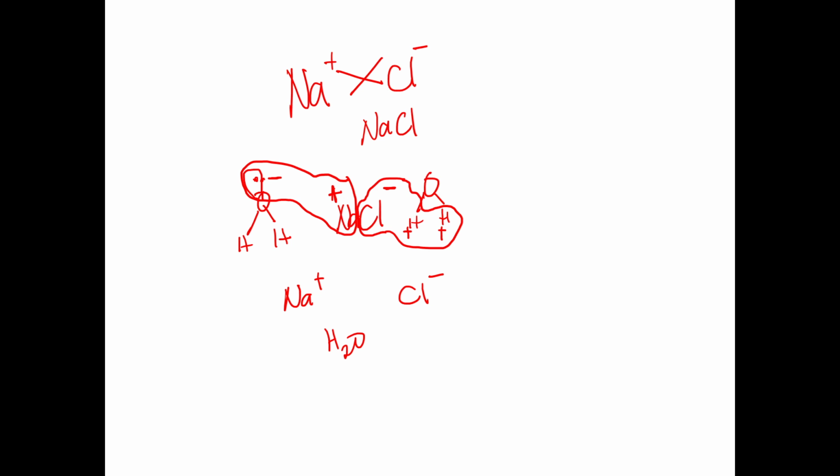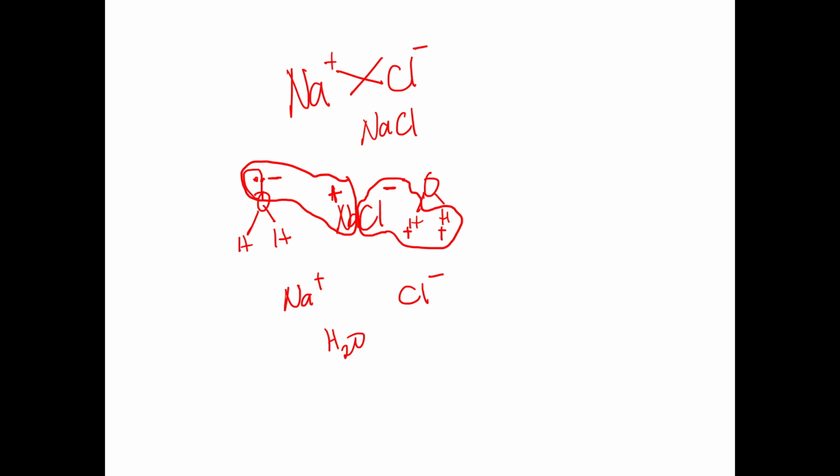This is why if you dissolve salt in water, it quickly dissolves. It's because the bond between sodium and chloride is pulled apart by water, separating the sodium cation and chloride anion.